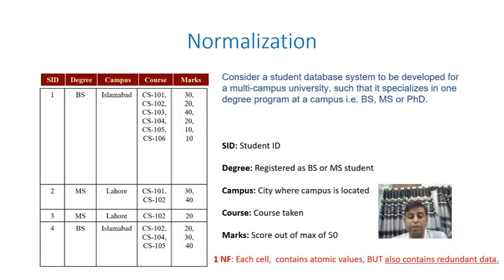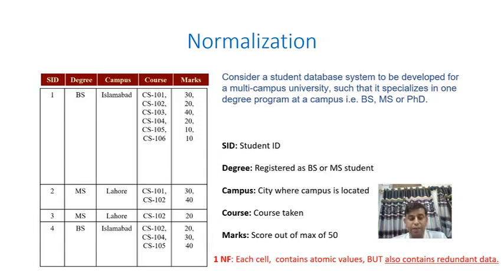And in these 3 different campuses, located in 3 different cities of Pakistan, there are 3 different programs offered. Like in Islamabad campus the offered program is BS, and MS is offered in Lahore campus, and PhD is offered in Karachi campus.